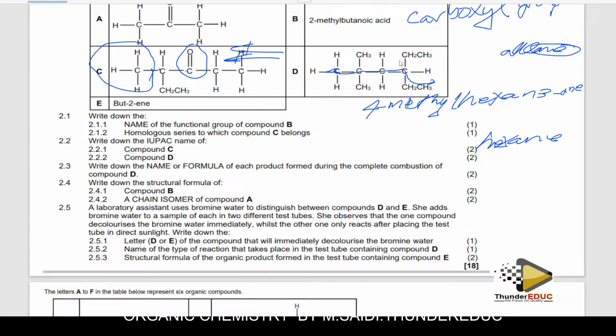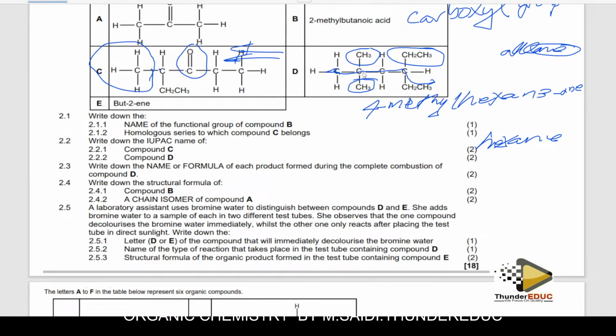All right, so now this is done. I have a side group, a second side group, and a third side group. So I have 3 side groups. The first side group is on carbon atom number 2.